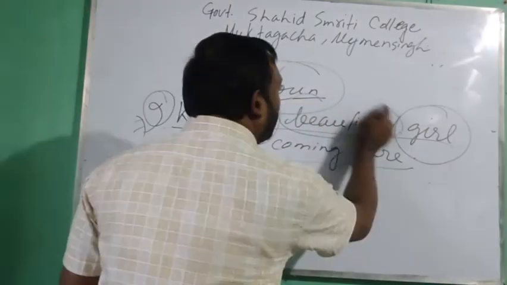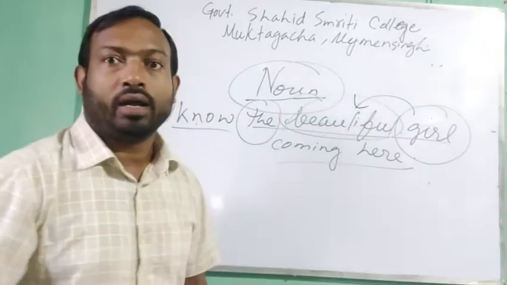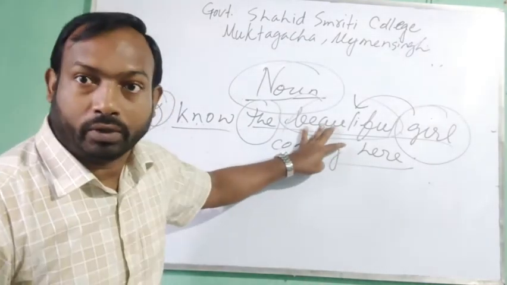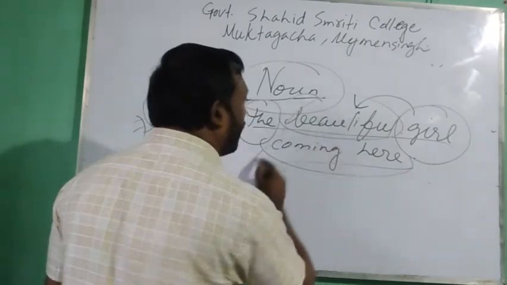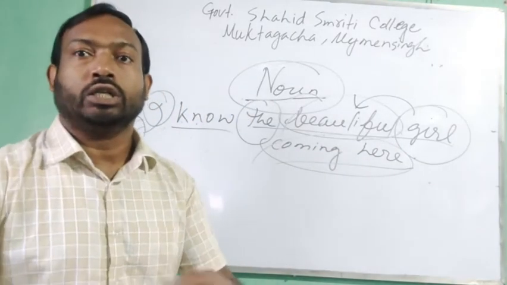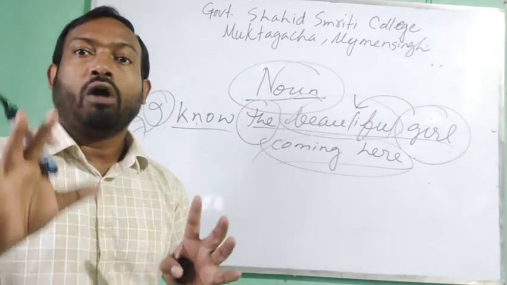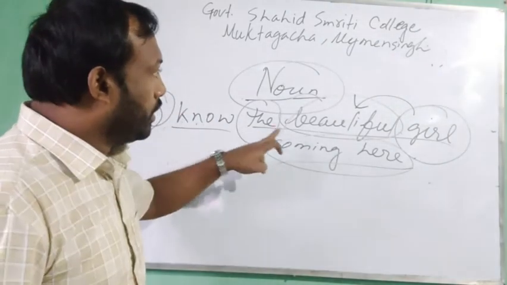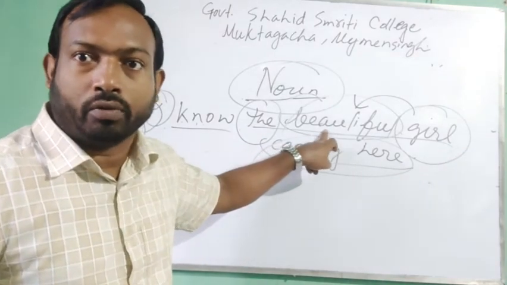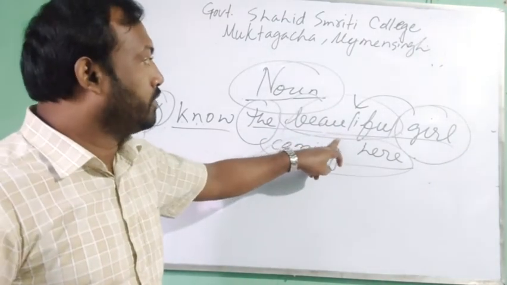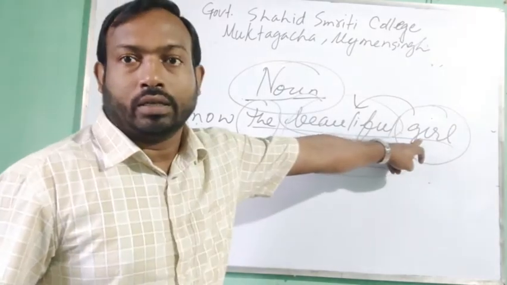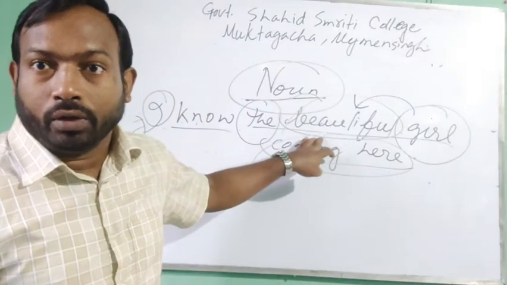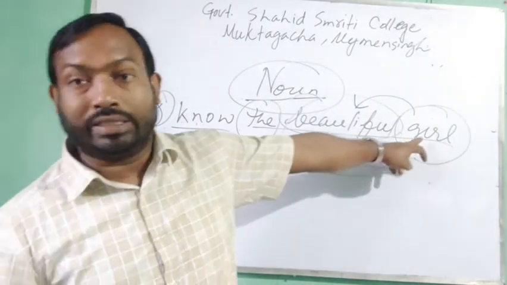The girl is beautiful. So this is her characteristic, her quality. So beautiful. Then coming here, what is she doing, or how can we find her out? Beautiful is a pre-modifier. Why? Because this is placed before the noun, it modifies. So the word beautiful modifies the noun girl.